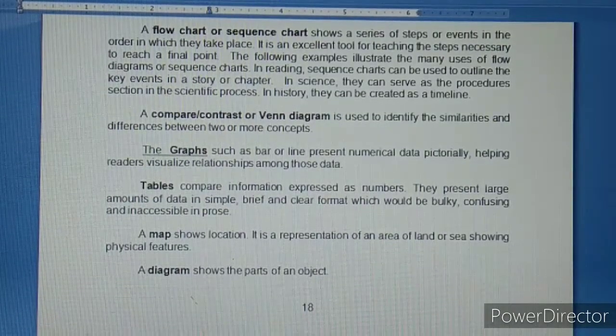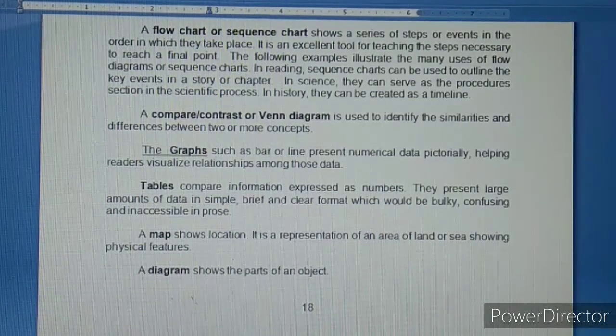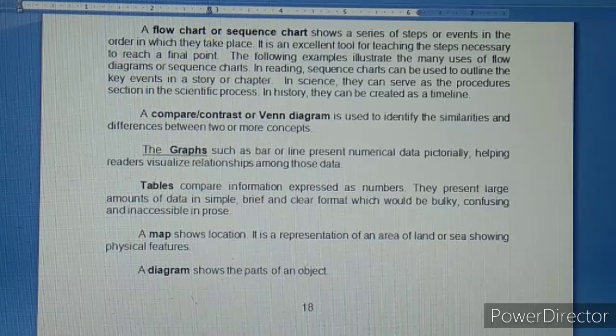Now let's move on. A compare and contrast or Venn diagram is used to identify the similarities and differences between two or more concepts. Next, graphs, such as bar or line graphs, present numerical data pictorially, helping readers visualize relationships among those data. Tables compare information expressed as numbers.